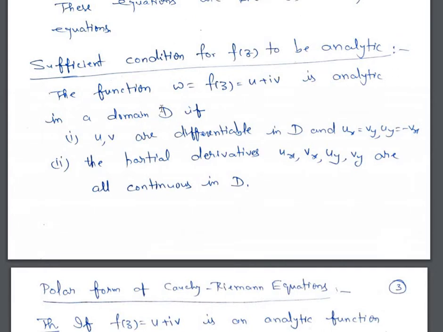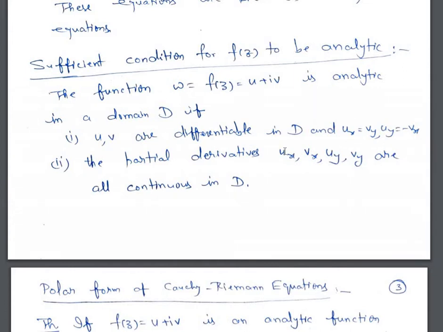The function w is equal to f(z), which is equal to u plus iv, is analytic in a domain D if it satisfies two conditions. The first condition is u and v are differentiable in D, and the Cauchy-Riemann equations, that is ux is equal to vy, uy is equal to minus vx, are satisfied.